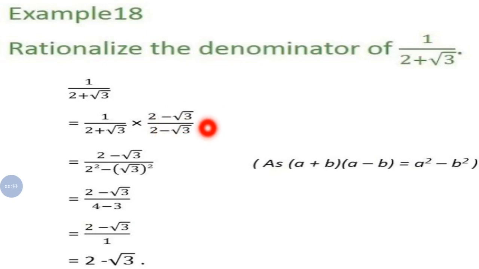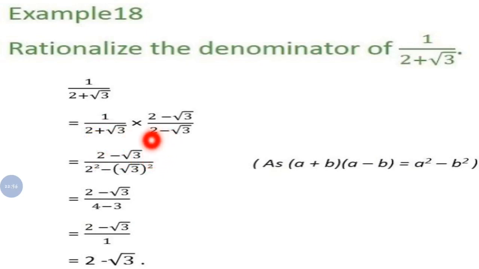Now 1 into 2 minus root 3 will become 2 minus root 3 only. The same term we will get. But here it is looking like a plus b into a minus b. Am I right? So this can be written as a squared minus b squared. Here a is 2 and b is root 3. So this can be written as 2 squared minus root 3 the whole square.